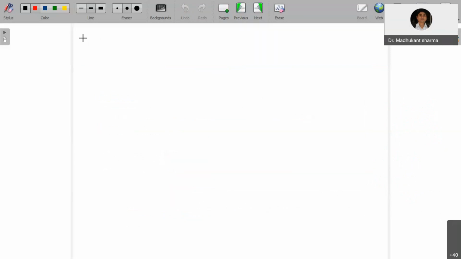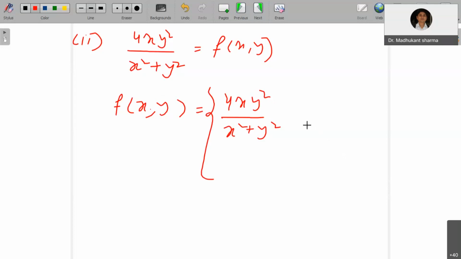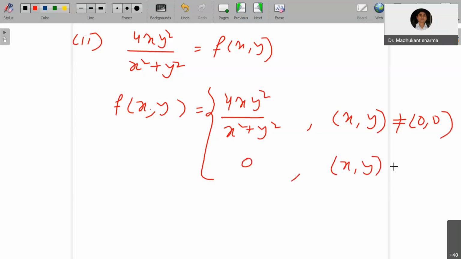Because just now we have seen the limit exists and equals 0. So I've just defined f of (x, y) equals 4xy square divided by x square plus y square whenever xy is not 0, and 0 when xy equals 0.